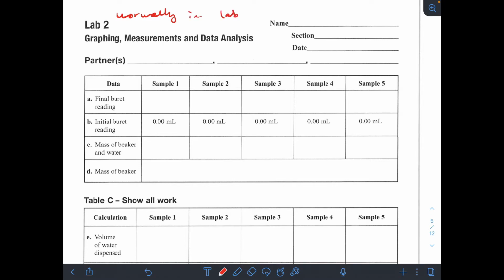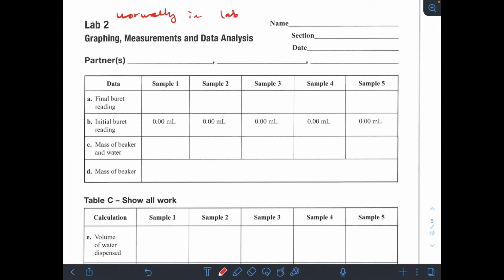All right, you would actually take measurements yourself and you would record this data. Since we're not doing that, what I've done is I've provided you with data that other students did collect. And I want you to actually write the data numbers into this table.